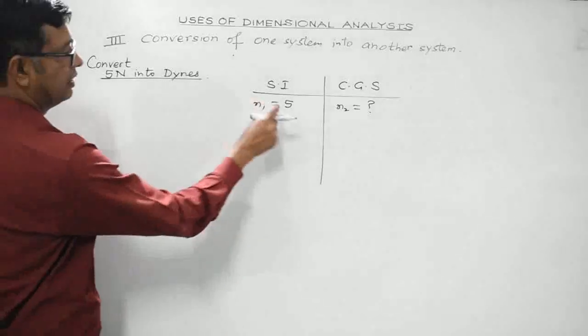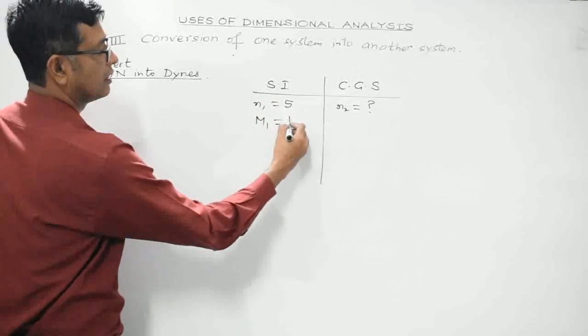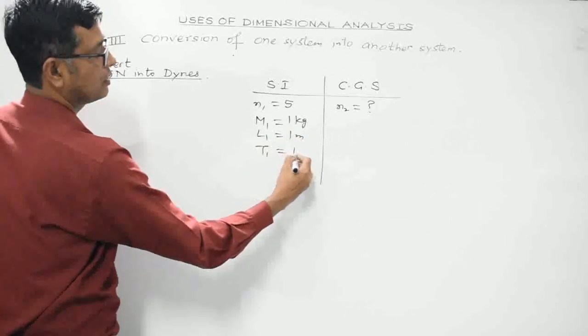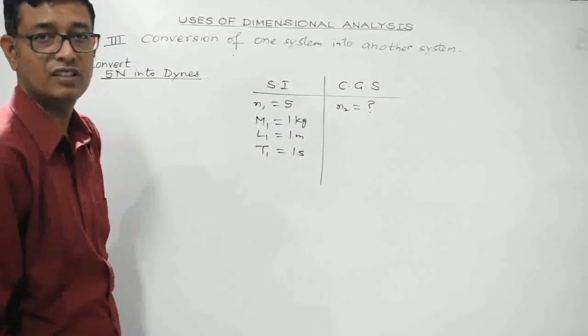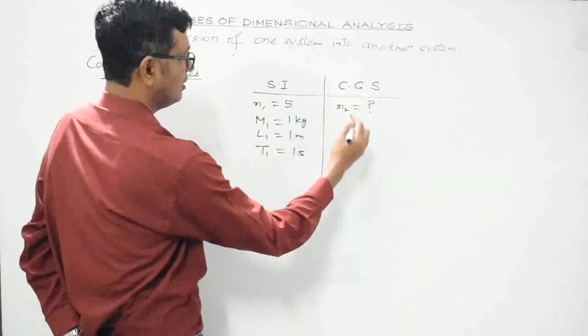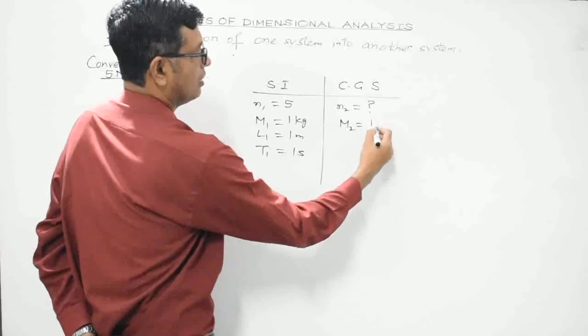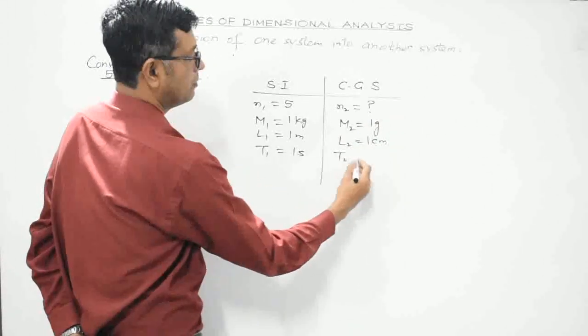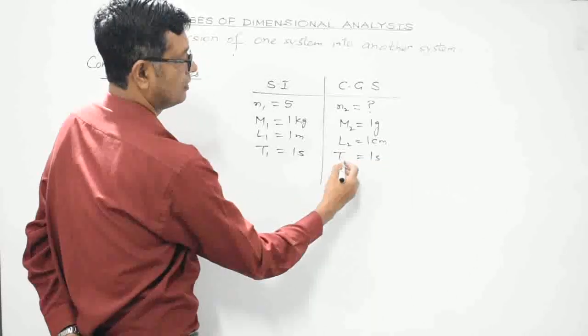Right? Here M1 is in SI, it is 1 kg. L1 it is 1 meter, T1 it is 1 second. No doubt regarding this. In SI, mass, length, time are measured in kg, meter and second. This is CGS. Mass is in gram, length is in centimeter, time is in seconds.